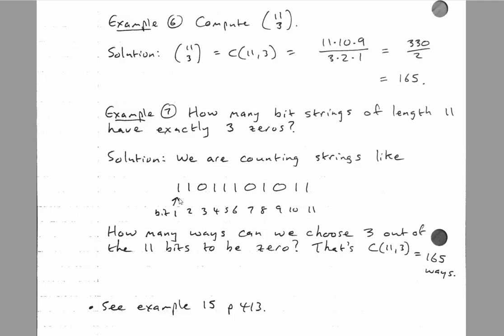The rest have to be ones. So you can see we're choosing 3 out of 11 to be 0.